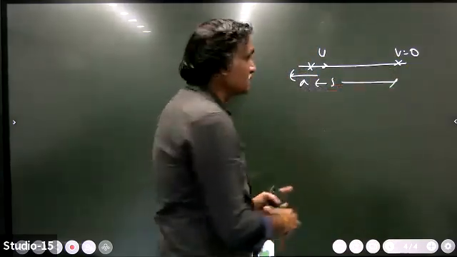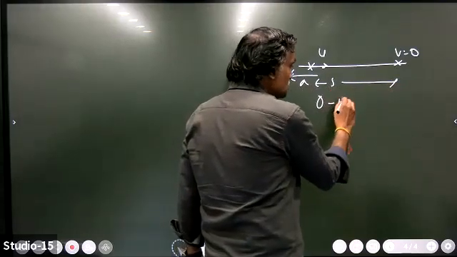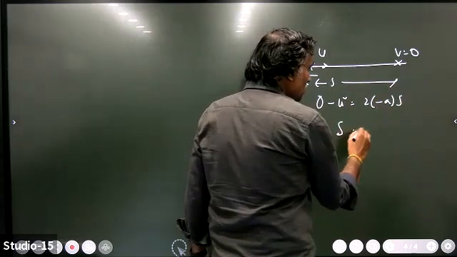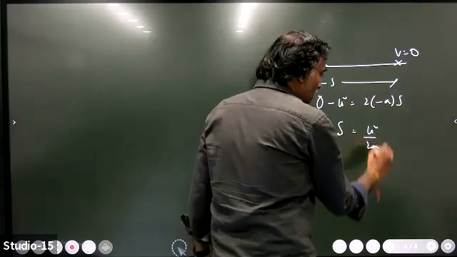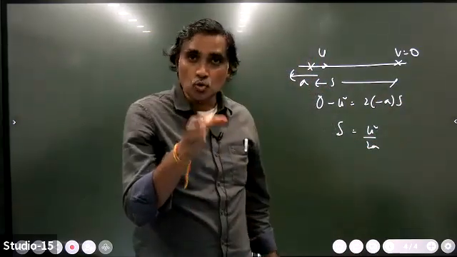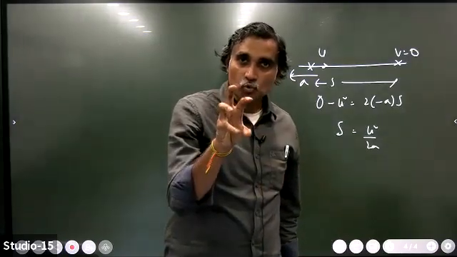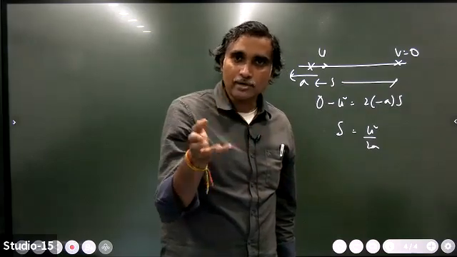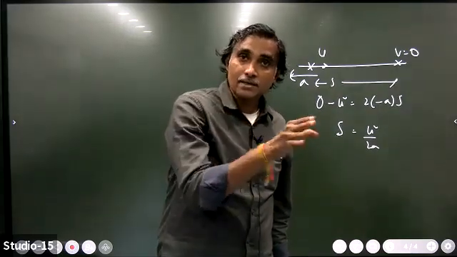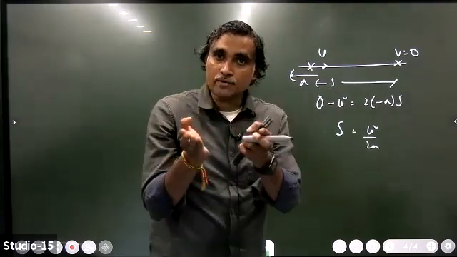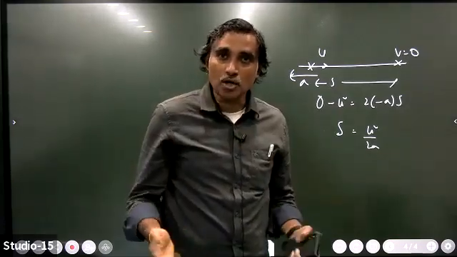V square is 0, so minus u square equals 2 into minus a into s, and stopping distance is u square by 2a. So wherever there is a velocity, it can be u or u by 3, whatever it is, and retardation is a, the distance it travels before it stops is velocity at that point whole square by 2a. That's all. That is called stopping distance.